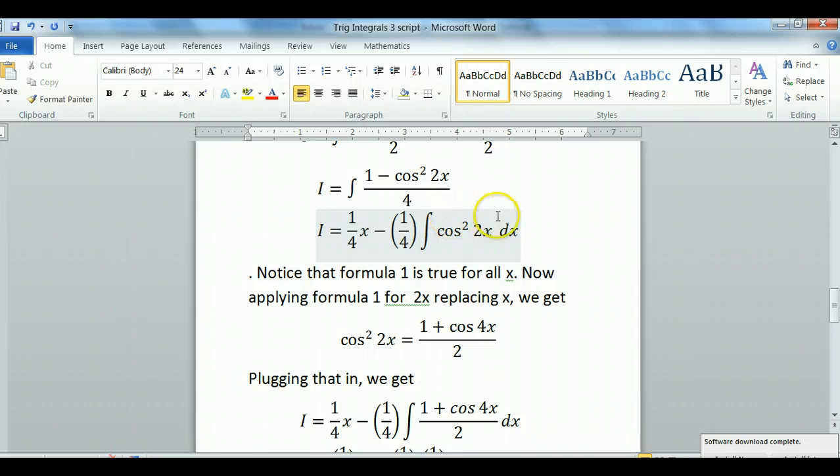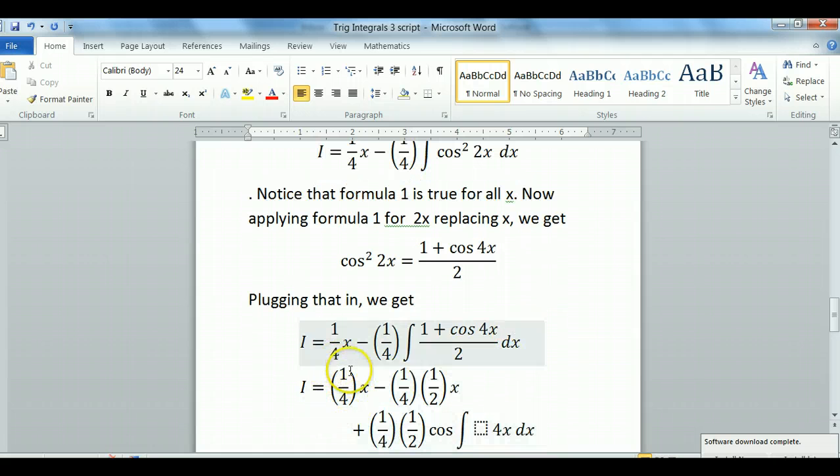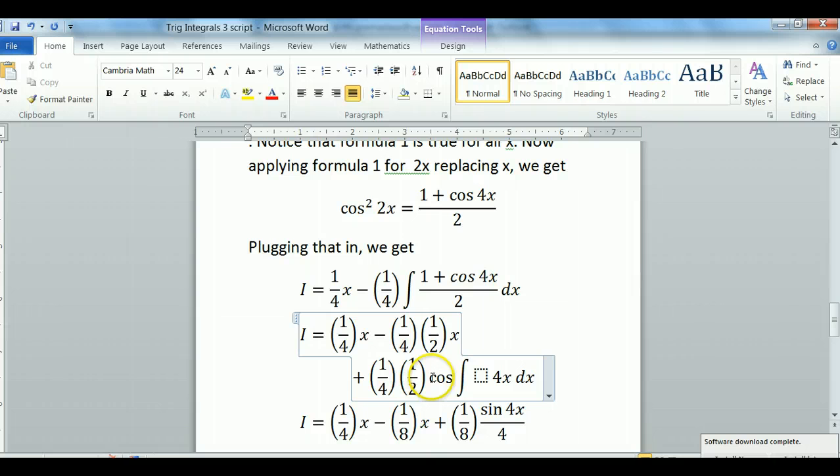Once again, note that to get rid of the cosine squared, we used a double angle formula, but this time for 2x, so you get 4x. Putting that in, you get 1/4 x minus 1/4 times 1 plus cosine 4x over 2, so you get 1/4 x minus 1/8 times the integral of 1 plus cosine 4x.